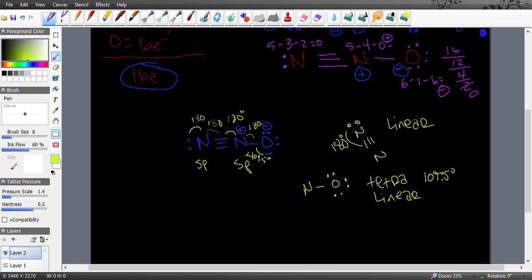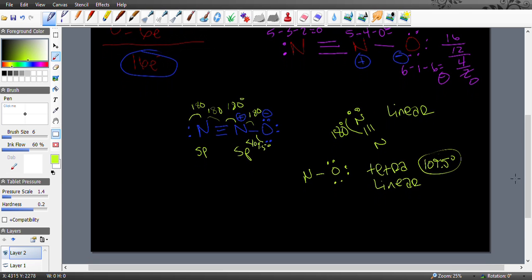No, it'll be equal to 109.5, but anyways. For the hybridization, we have 4 electron groups, right? 1, 2, 3, 4. So it's actually going to be sp3, sorry, sp3.